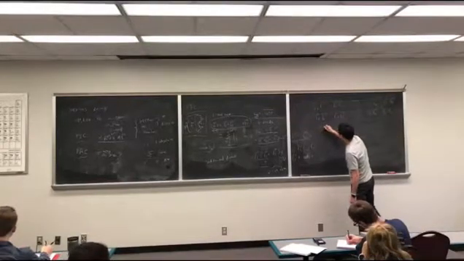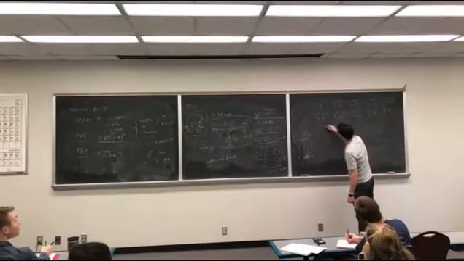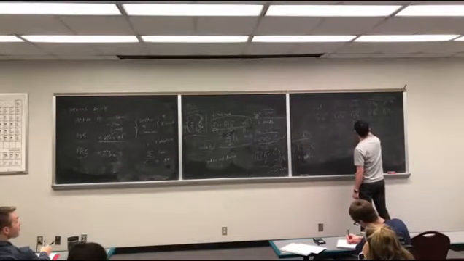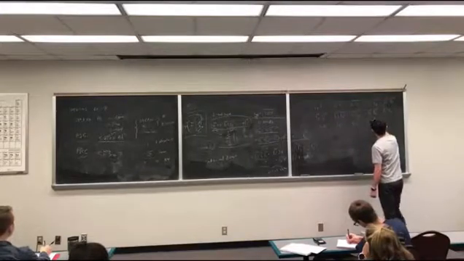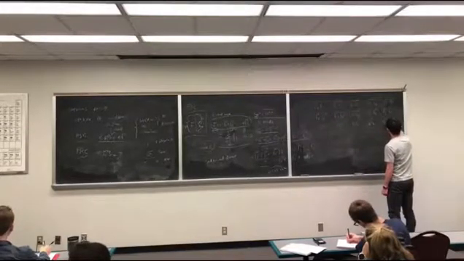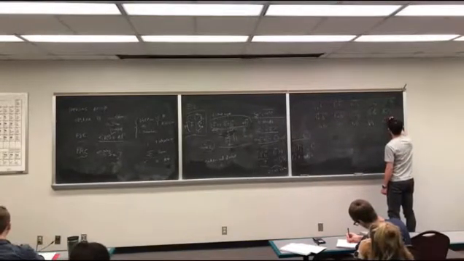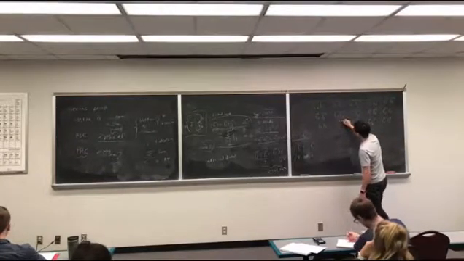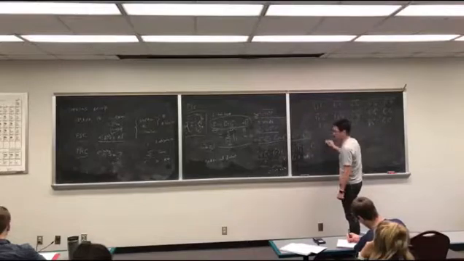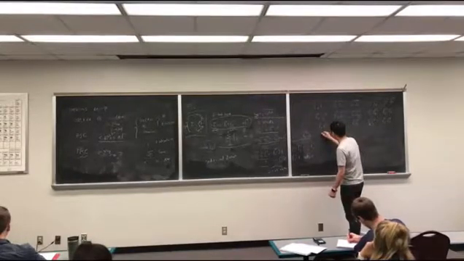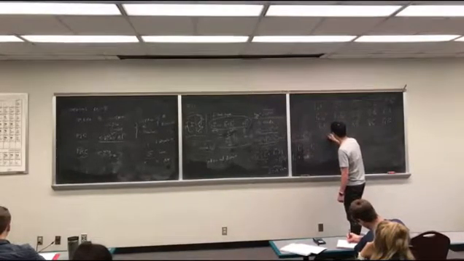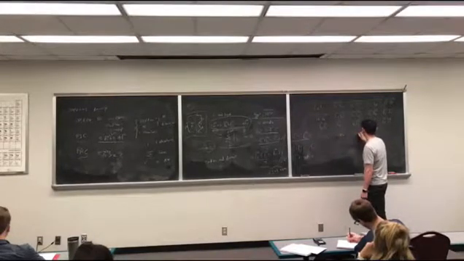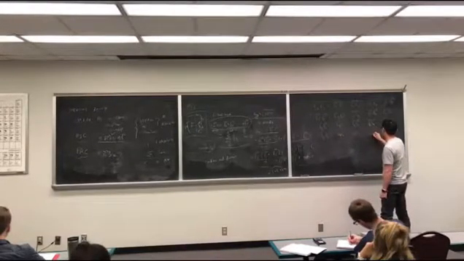Now I'm going to write 3, 1, 3, 2, 3, 3, 3, 4, 3, 5. I'm going to do it 2 more times. 4, 1, 4, 2, 4, 3, 4, 4.